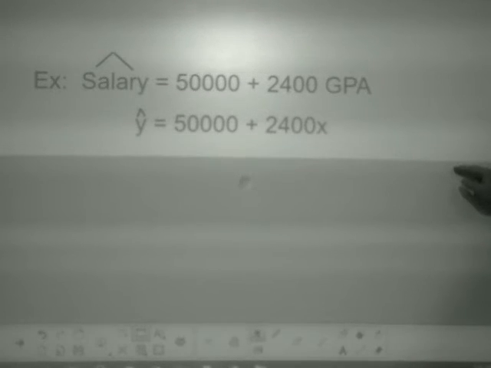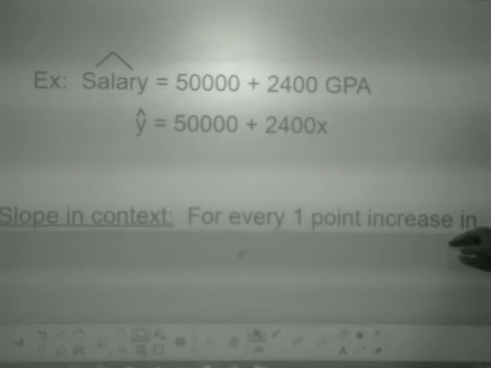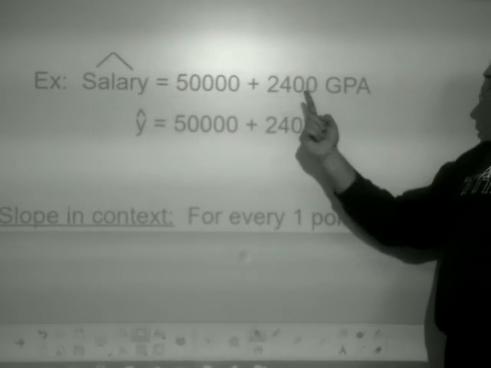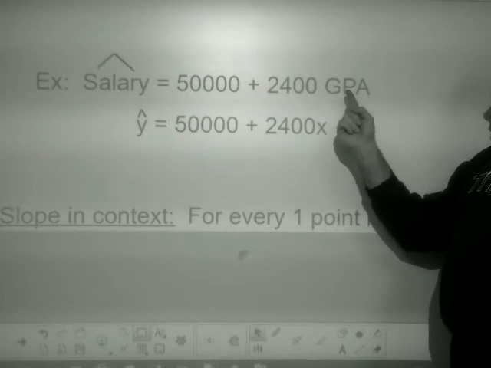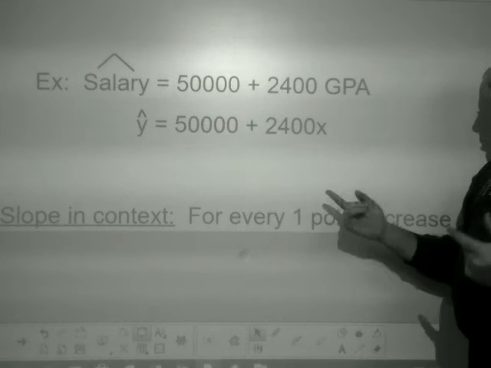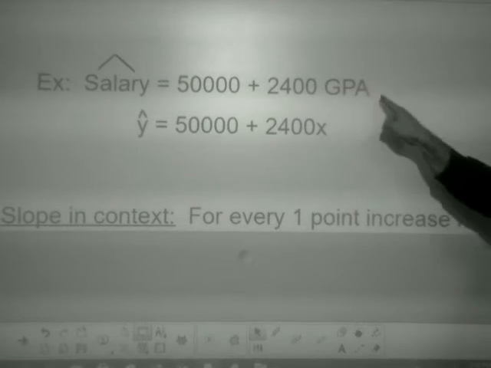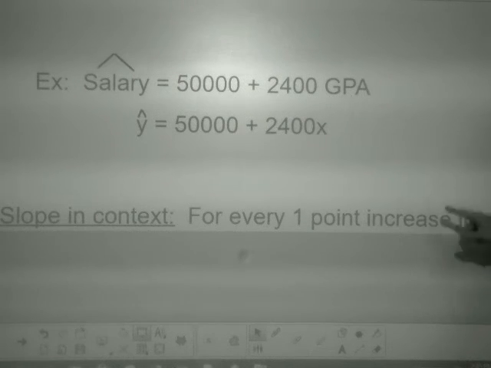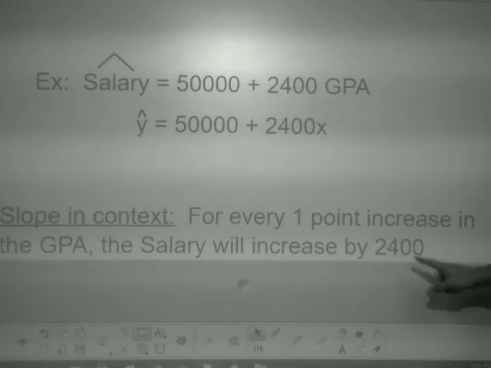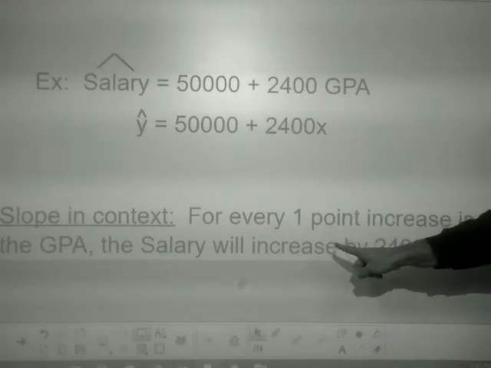So slope in context. Well, what are we going to say? For every 1 unit increase in x, well, x is GPA, and GPA is measured in points. So for every 1 point increase in the x's GPA, the y, which is salary, will increase.